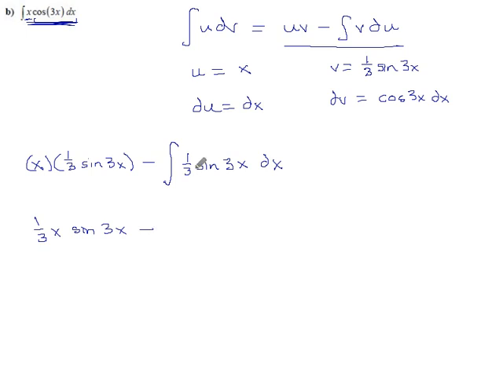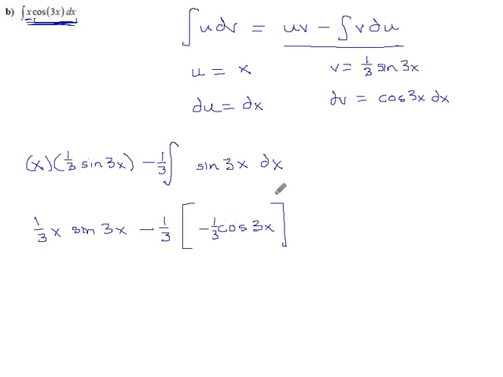And then we have minus. Now we need the antiderivative. I'm going to take that 1/3 out front. Now that I look at that, it kind of bugs me having it in there. So minus 1/3. And now we have to do the antiderivative of sine 3x dx. Well, the derivative of cosine is negative sine, so the derivative of a negative cosine 3x would give us sine 3x, but then a 3 would pop out from doing the chain rule, so I'm going to need a 1/3 to make up for that.